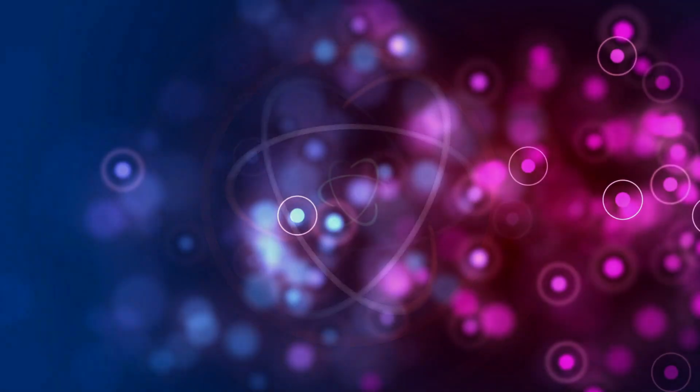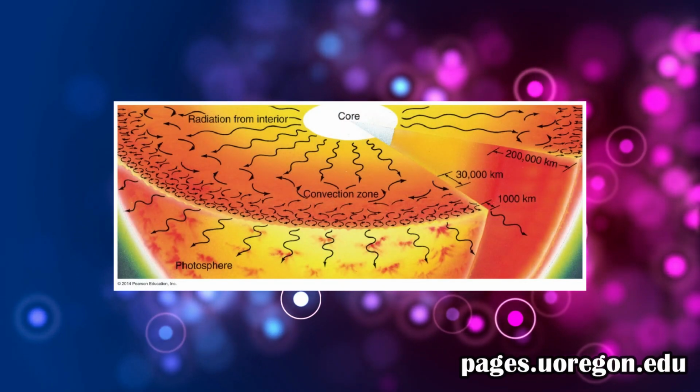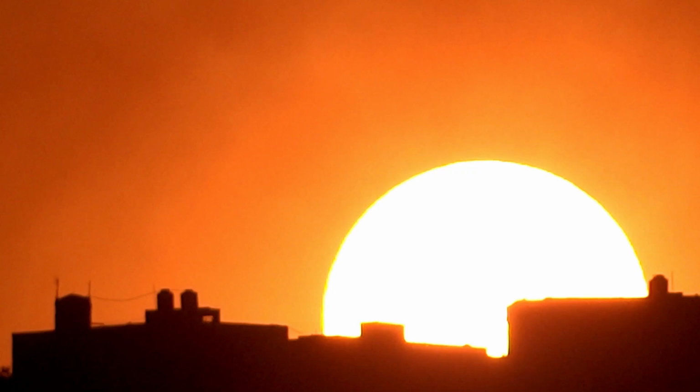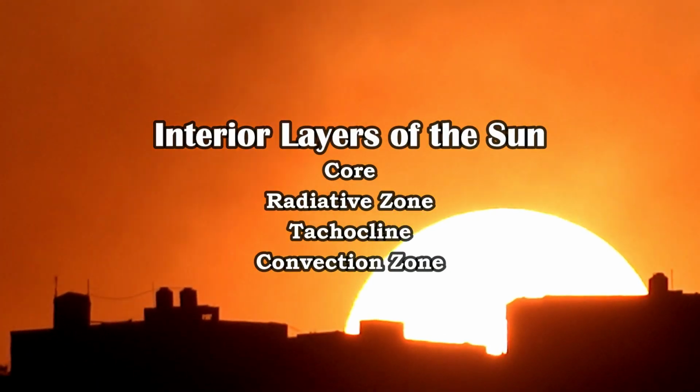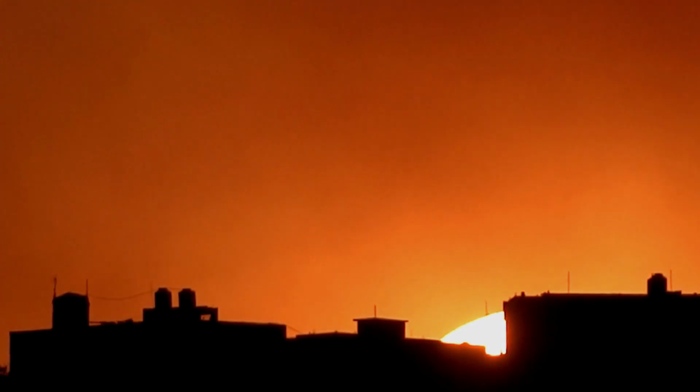When the hot plasma reaches the outer limits of the convection zone, it cools down and plunges back to the bottom of the convection zone, where it is subsequently heated up again, causing a cyclic motion of material in this layer. This marks the end of what is considered the interior of our Sun, as beyond this lies the surface and atmosphere of our star.